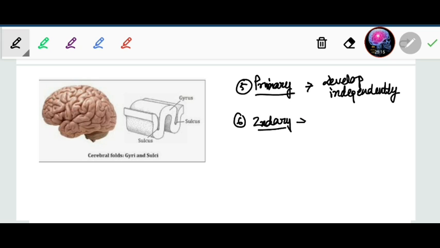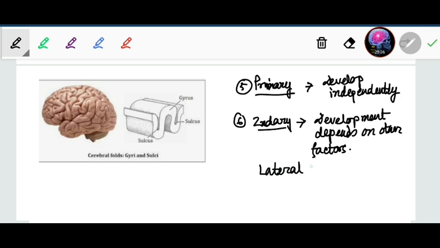Secondary sulcus development depends on other factors. For example, the lateral sulcus is a secondary kind of sulcus.